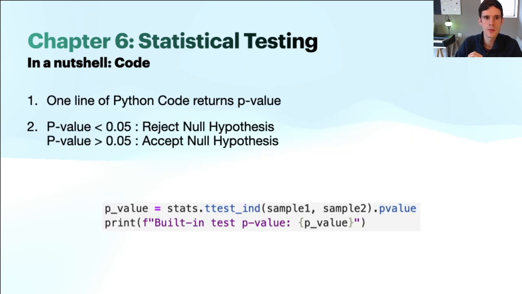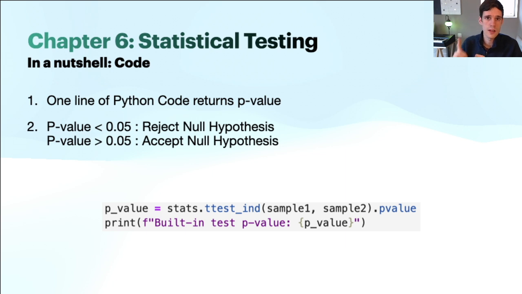Now, in Python code, it is very easy to compute the p-value. In fact, it can be done in just one line of code. And then if you have a p-value, for instance, smaller than 0.05, you reject the null hypothesis. And if you have a p-value larger than 0.05, then you accept the null hypothesis. And it is in this way that using Python code, statistical testing is very straightforward.